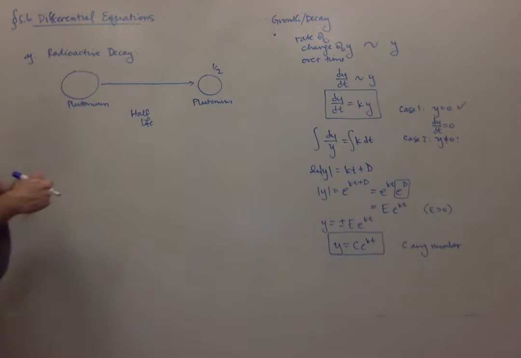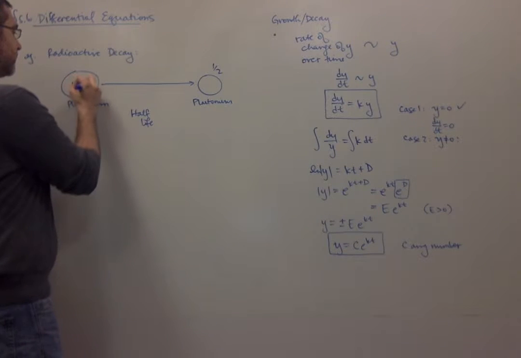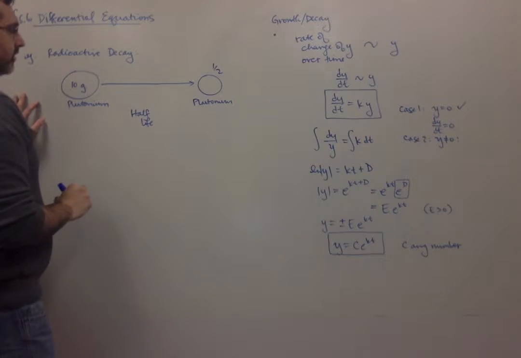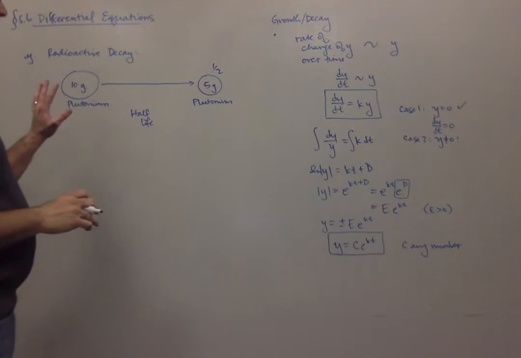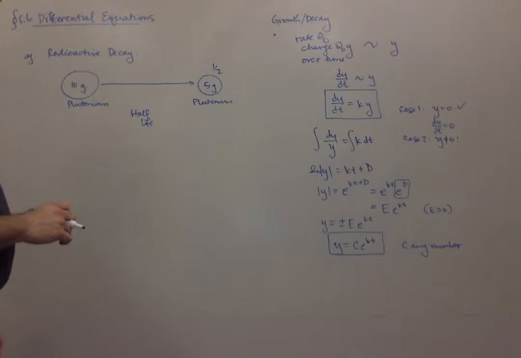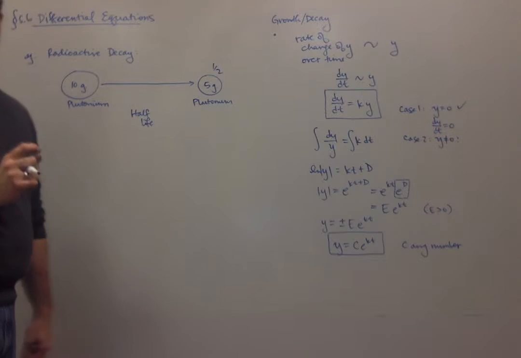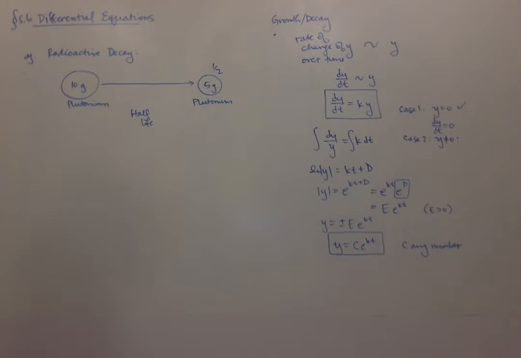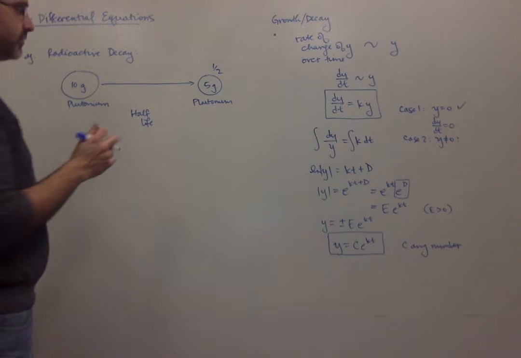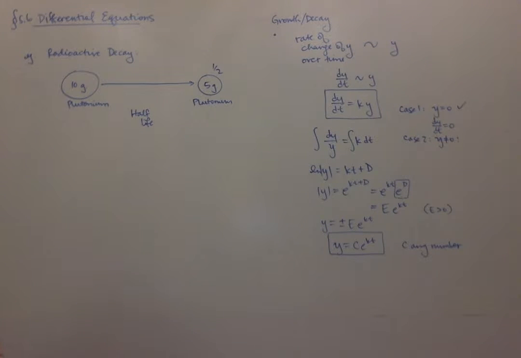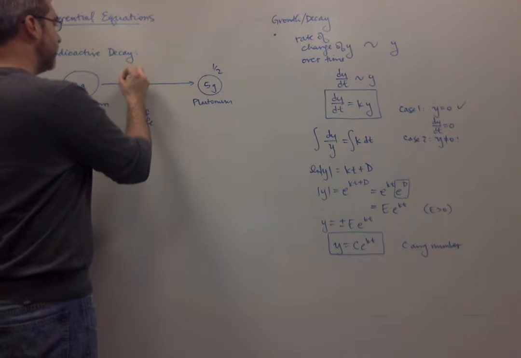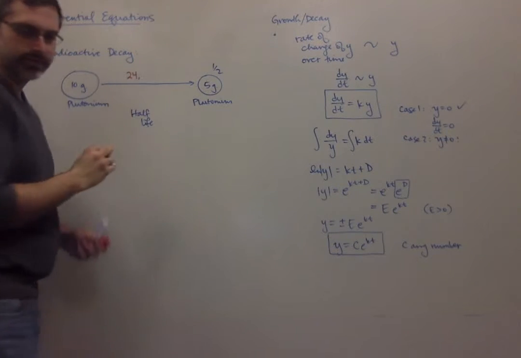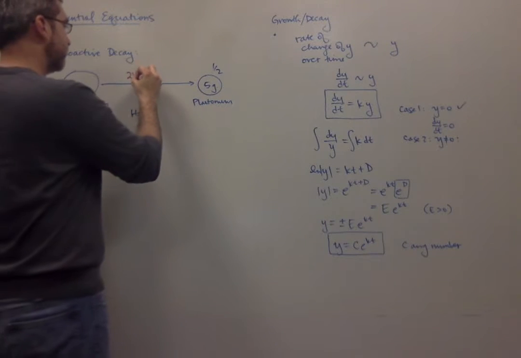So the idea is, for instance, if I started with 10 grams of plutonium, and then I look at how long it takes me to get to 5 grams, there's actually a certain amount of time that takes depending on the type of radioactive material that you're talking about. So in the case of plutonium, the half-life, the time it takes for you to get half of it, is actually 24,360 years.